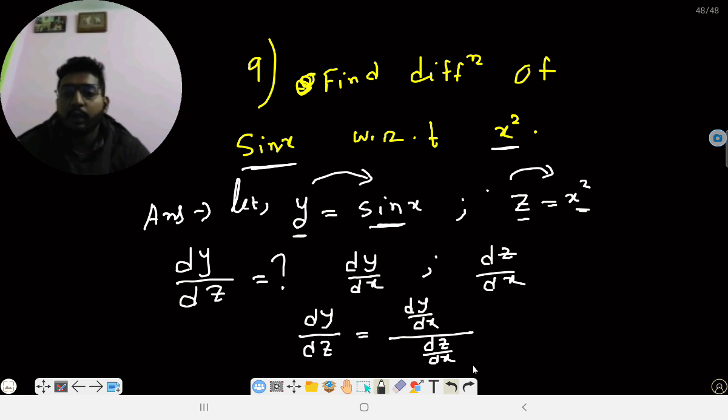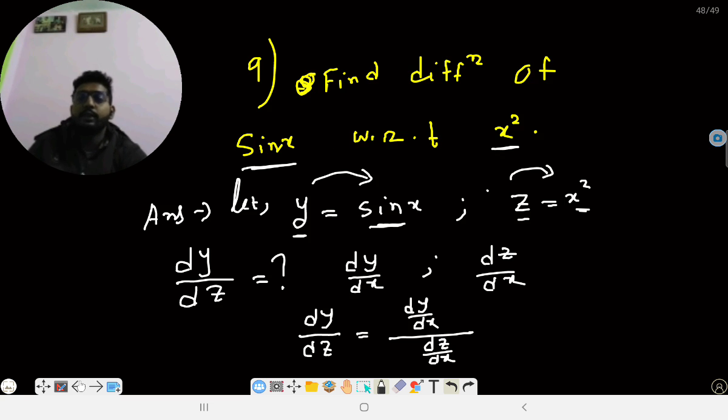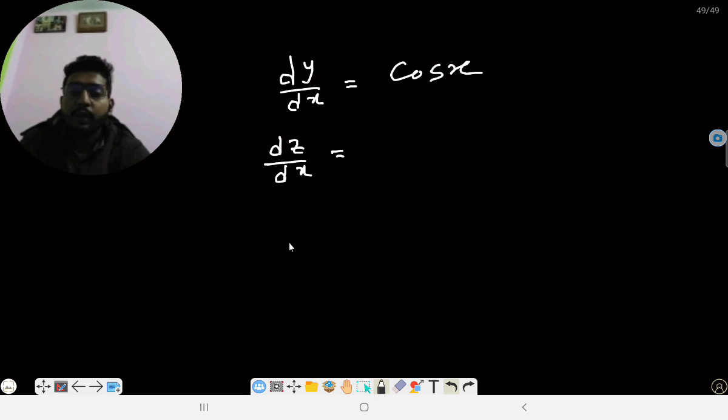In the previous one it is given directly, but here it is not given directly, we just have to let it. y is given as sin x, so first we find dy/dx, which will be cos x. z is x square, so dz/dx will be 2x.